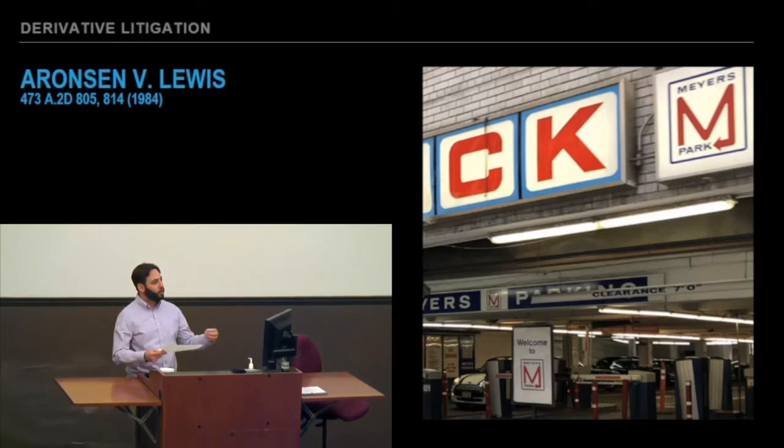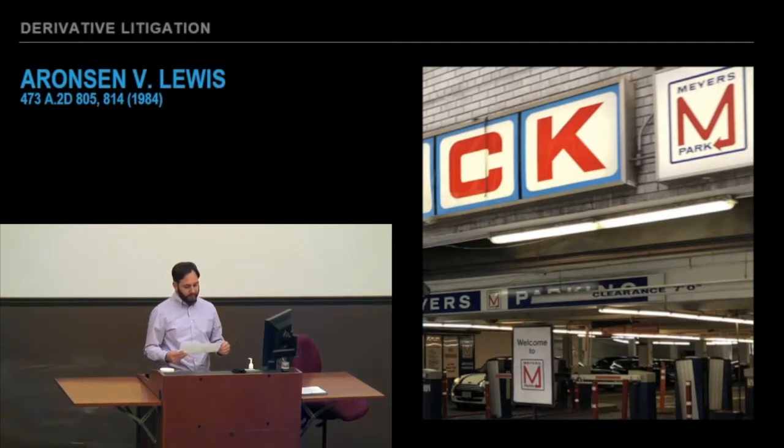Are they so beholden, it's a language that we'll see, beholden to think that they were not independent? And two, is there a reasonable doubt that the challenged transaction was otherwise a product of a business judgment? And they declined that. They said that no, that's not the case. Lewis's arguments were going to fail.